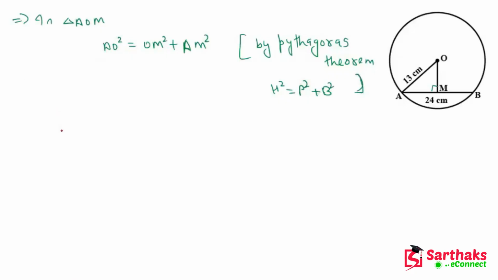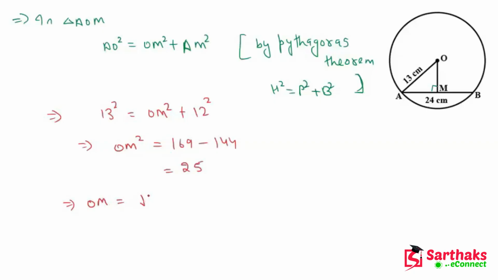AO is 13, so 13 square is equal to OM, which we have to find, plus 12 square. So OM square is equal to 169 minus 144. After solving this we get 25. So OM is equal to under root of 25, which is 5 centimeter.